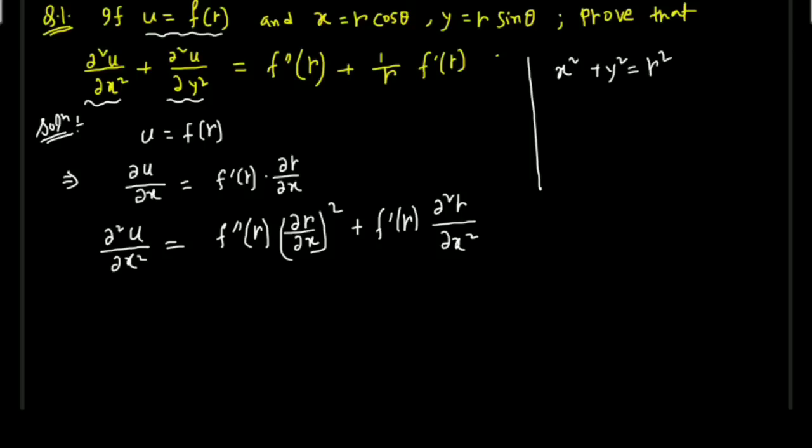So now if we take the differentiation with respect to x, then we will get twice r del r del x, that will be just twice x.